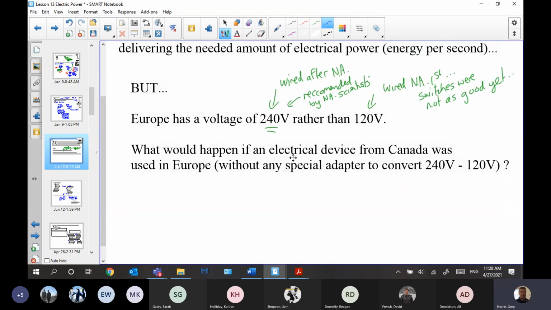So the question is, of course, what happens if you plug in a device from Canada on your trip? You plug in without any kind of special adapter to convert the voltages. We'll talk about how converting voltages works in this course. But for now, if we just plugged it in, what would happen? You plug in your phone in Europe, and it's supposed to draw like 1 amp. Well, now instead it's drawing 2 amps.